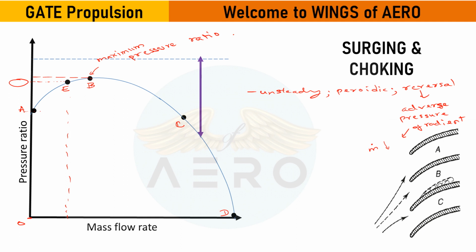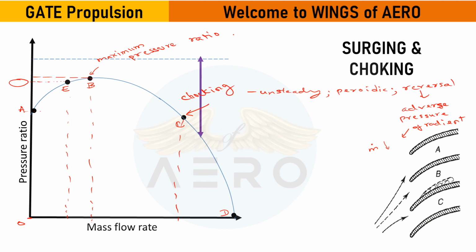Point B is the point where, at some extent of mass flow rate, we have the maximum pressure ratio. C is ideally known as the point of choking.